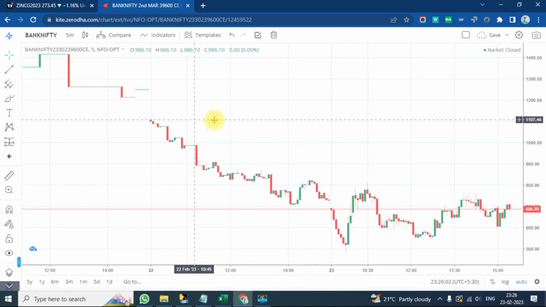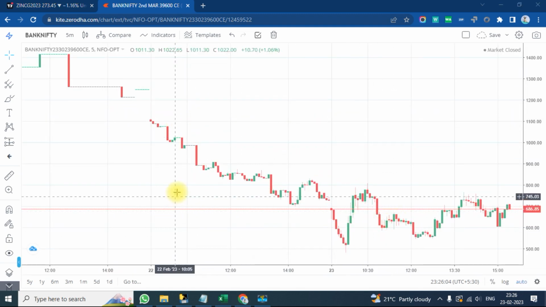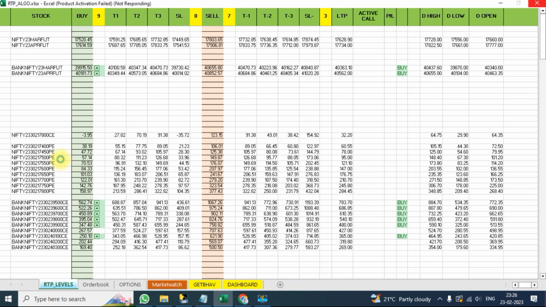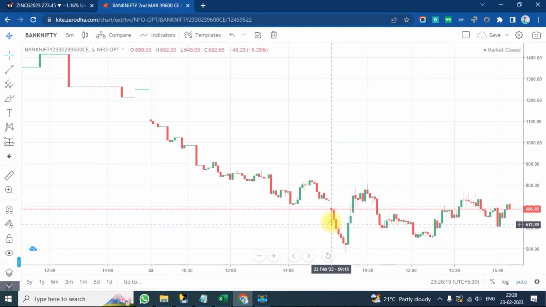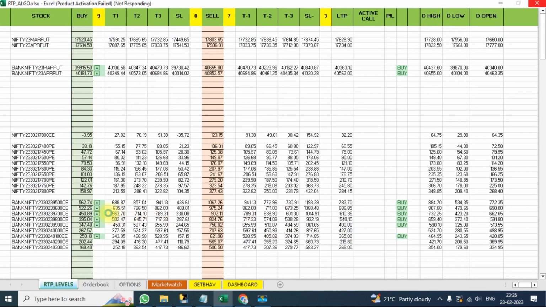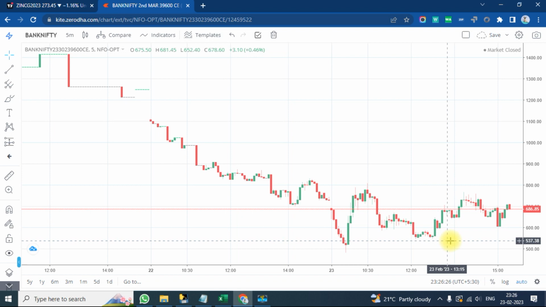You can see this is the chart, and you can see the entry levels. 522 was our buying level. I'll show you in the chart. The market opened at this point, and our entry was 522. You can see here we got a buying level.